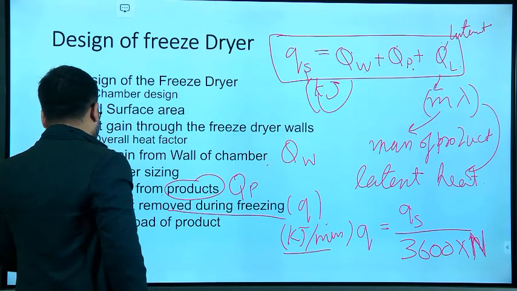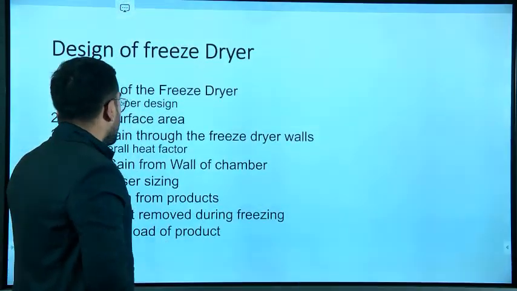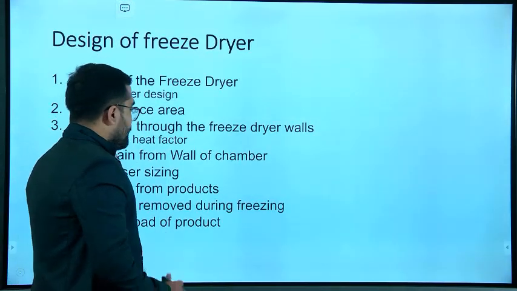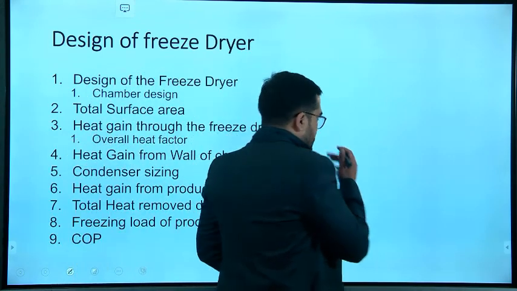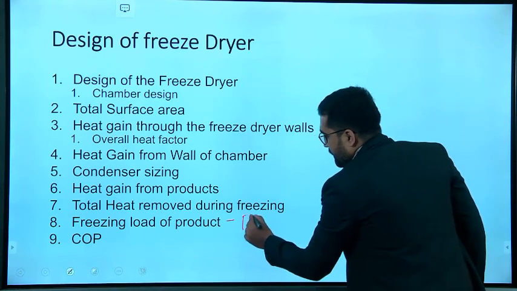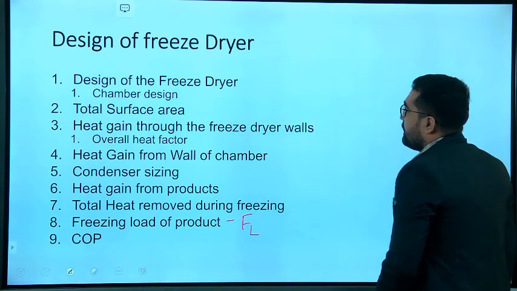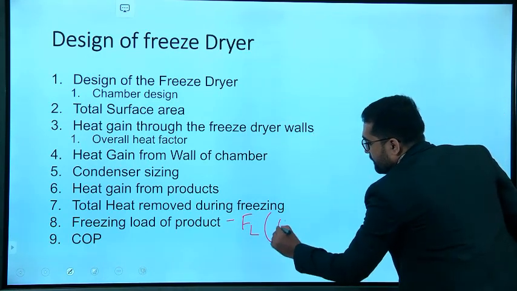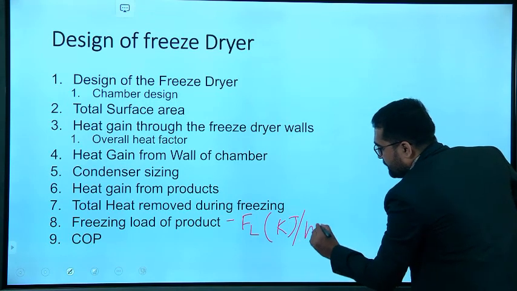After that we will find out the freezing load of the product. Freezing load is very easy. We can define it by FL. Again, this is nothing but heat only.